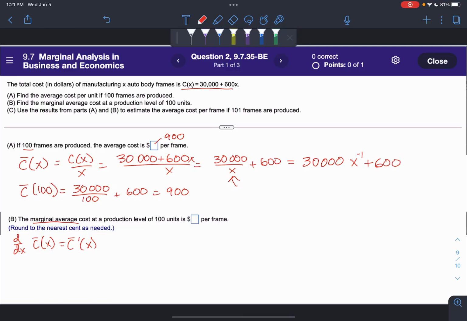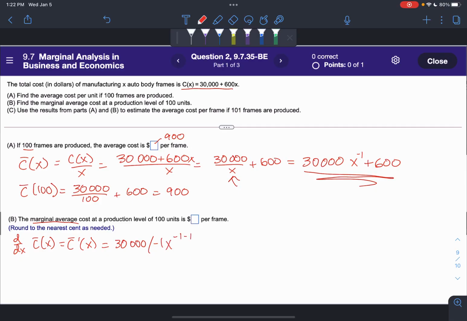Okay. So if we were to take the derivative of this average cost function, I'm going to keep that 30,000 out. It's a multiplicative constant. And now I'm just going to worry about that x to the negative 1. Let's use the power rule, bring down the negative 1, x and then decrease the power by 1.